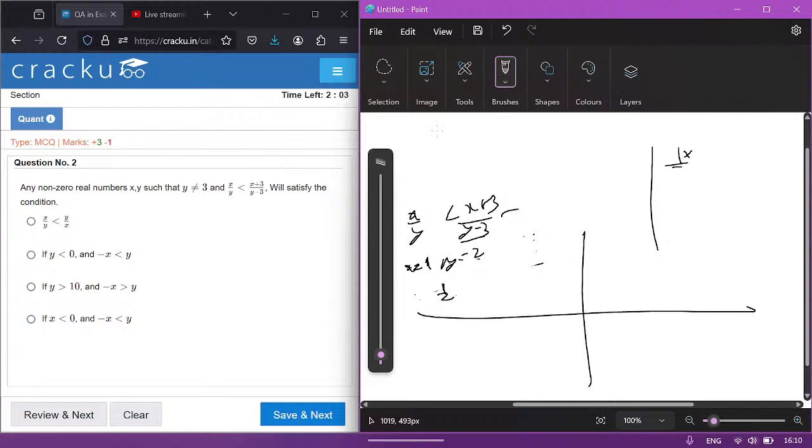Is 1 by 2 less than 2 by 1? What am I doing? I think I'm wasting my time.